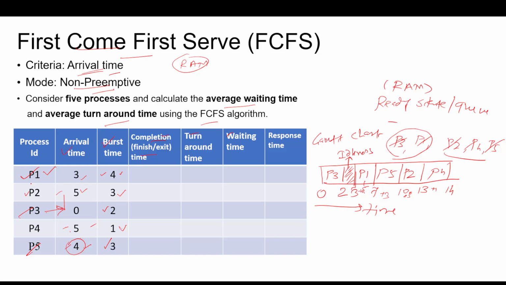So when P1 is completed, you can see here P1 is completed at this stage here. So that means at this 7. So completion timing of P1 is 7. For P2, when P2 is completed, you can see here is the completion timing, that is nothing but 13. Then P3 is completed at the third unit.